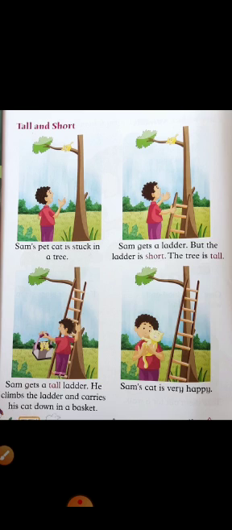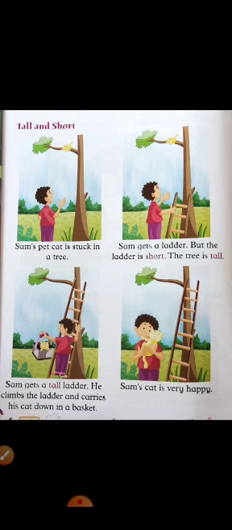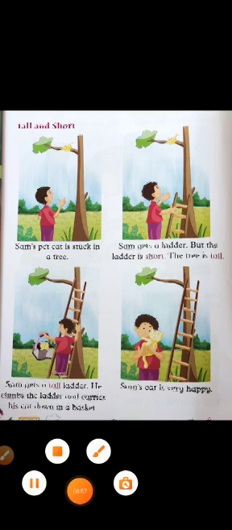Then he thought, yes, he has to get a tall ladder. And then he climbs on the ladder, children, and gets the cat down in the basket. Sam's cat is very happy because Sam saved her.